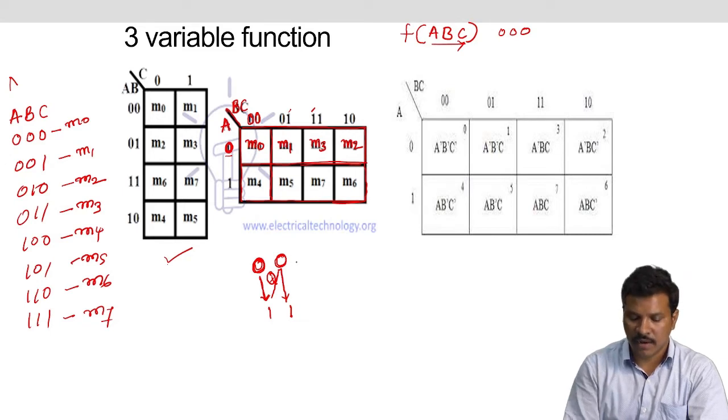Then the next sequence is 0 1. Its corresponding gray code: MS bit taken as it is, 1, and the XOR operation of 1 and 1 is 1 0.